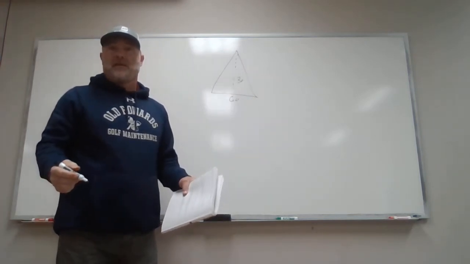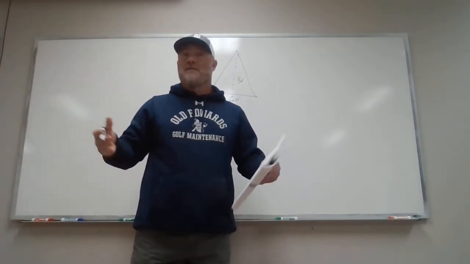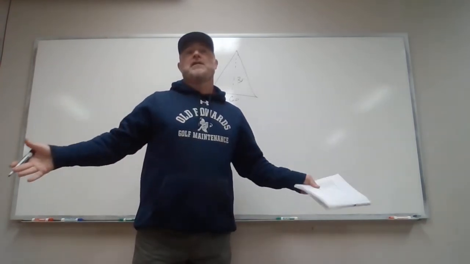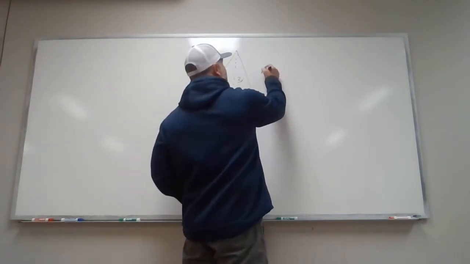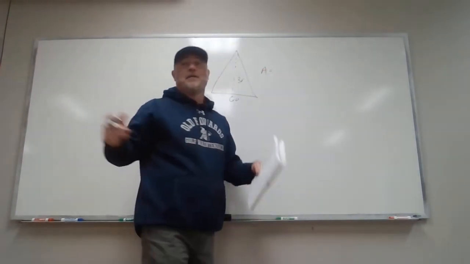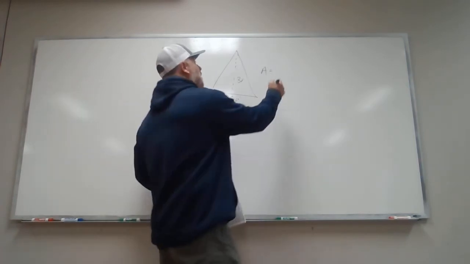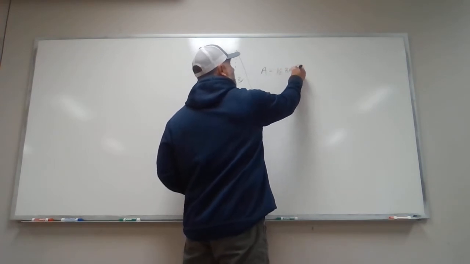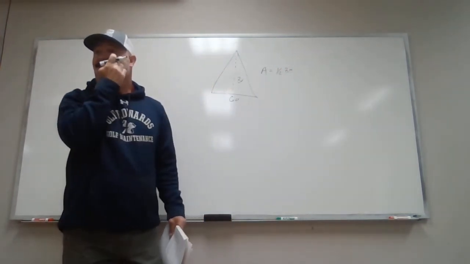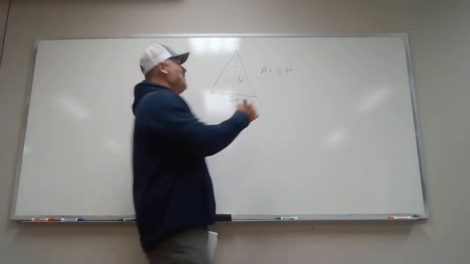All right? So you would have to remember what the formula is for the area of a triangle. So A equals, what is it, Sammer? 1/2 base times height. I'm pretty sure.